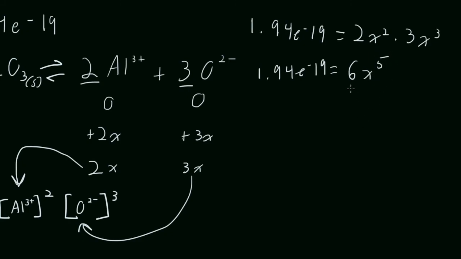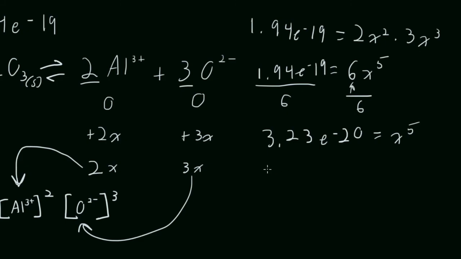Now, let's get this all figured out. First thing, I want to get rid of this 6. So I'm going to divide both sides by 6. That leaves me with 3.23 E negative 20 equaling x to the 5th. Now I need to take the 5th root of this.